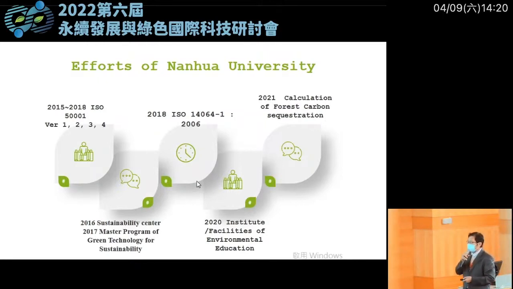This is the first step, and in 2016 we set up the Surveillance Center. In 2017, we set up a master program of green technology for sustainability. From this year, we started an international conference under the guidance of Professor Chen Sixiong and Professor Lin Chongming, who taught us.